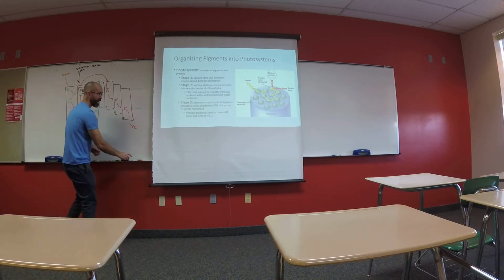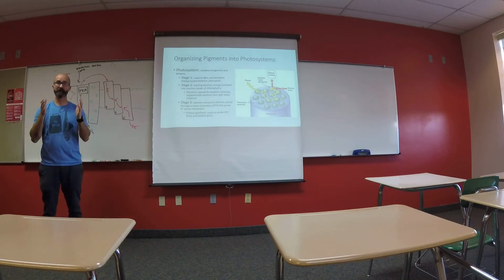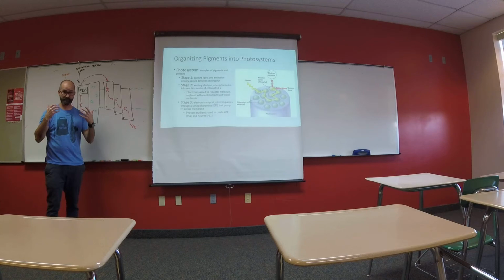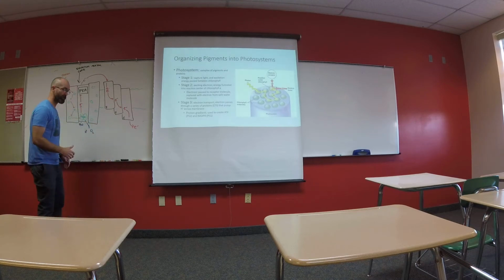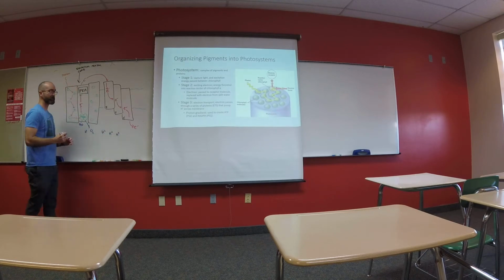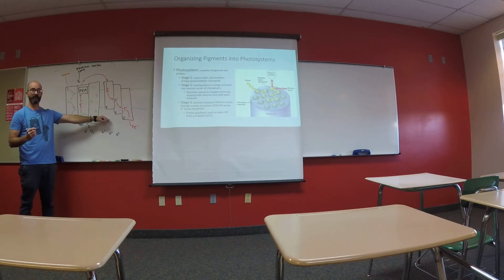Now, that happens for a specific reason. And the reason that it happens is this electron transport chain is going to do some work. And the work is powered by this falling electron. Think about it as an electrical charge. These cytochrome proteins become energized by accepting this electron, and they're able to accomplish something. And that thing that they accomplish is taking protons and pumping them from one side of the thylakoid membrane to the other.